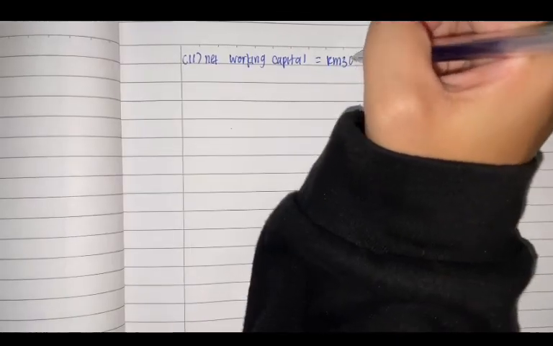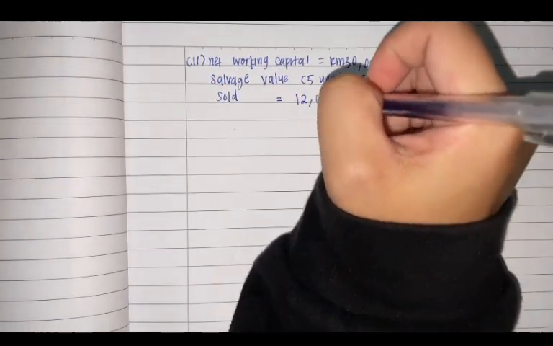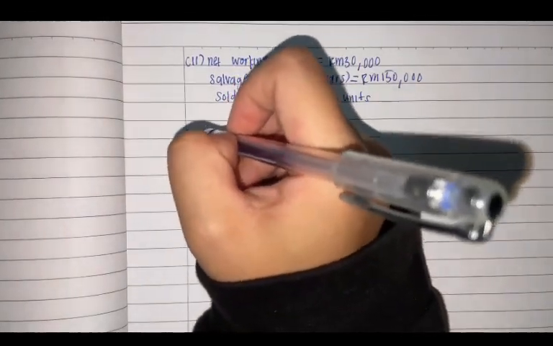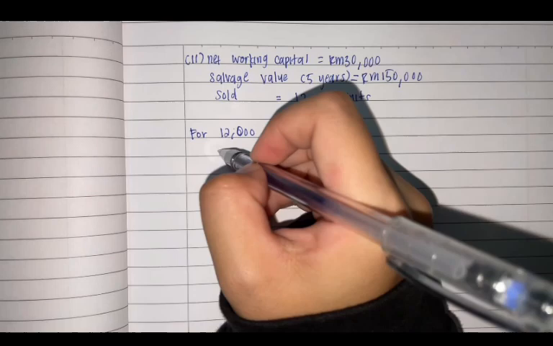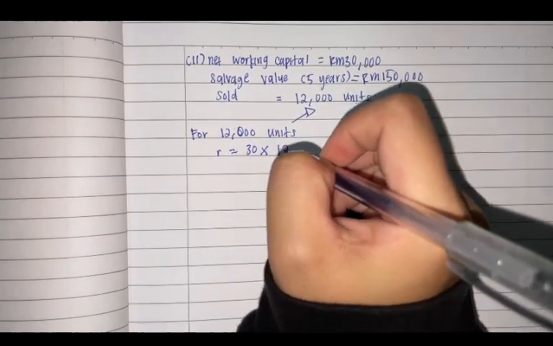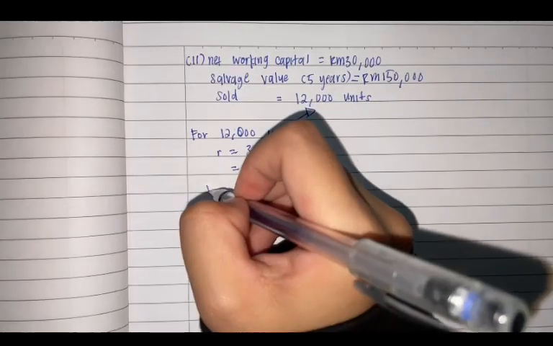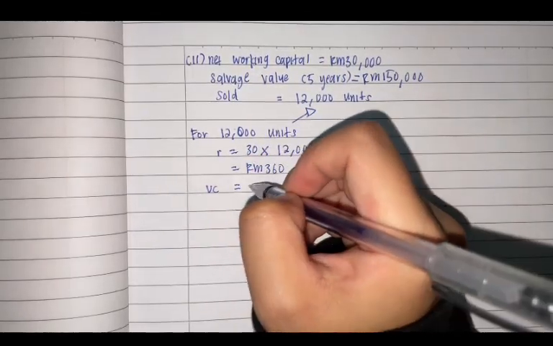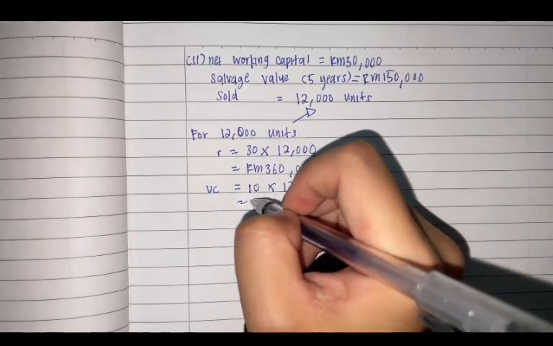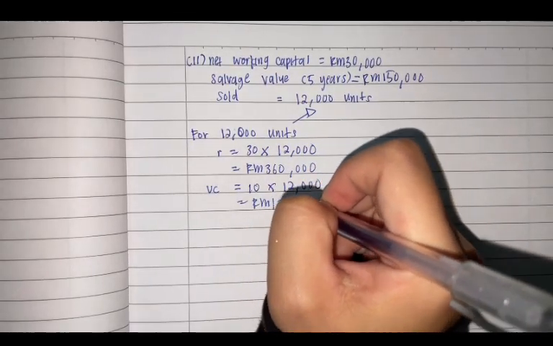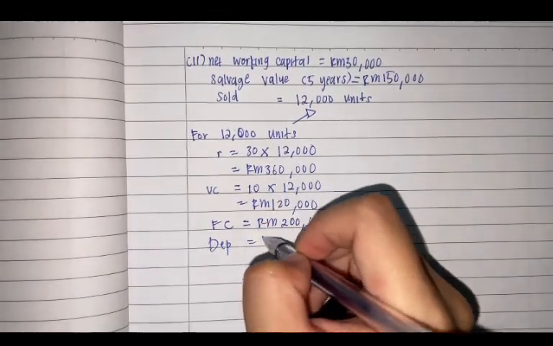Number 2, to calculate the OCF and NPV for 12,000 units. The EBIT is recalculated step by step. First, revenue equals selling price multiplied by units sold, which is 30 ringgit multiplied by 12,000 equals 360,000 ringgit. Next, VC equals VC per unit multiplied by units sold, which is 10 ringgit multiplied by 12,000 equals 120,000 ringgit.